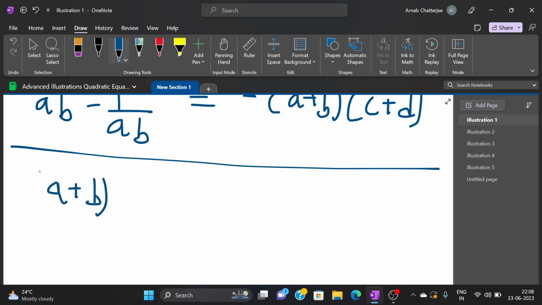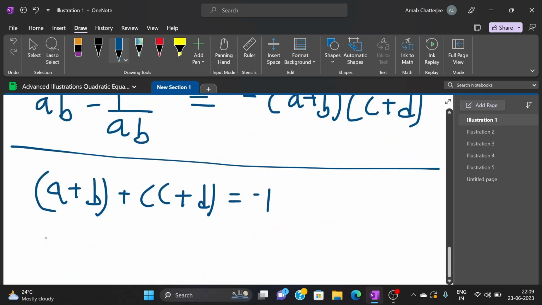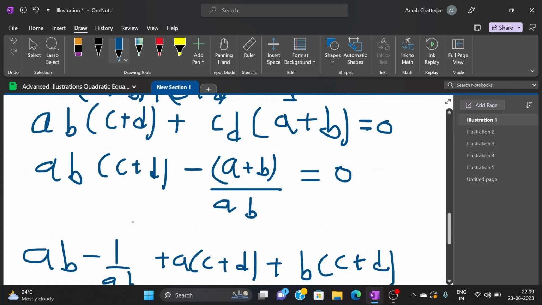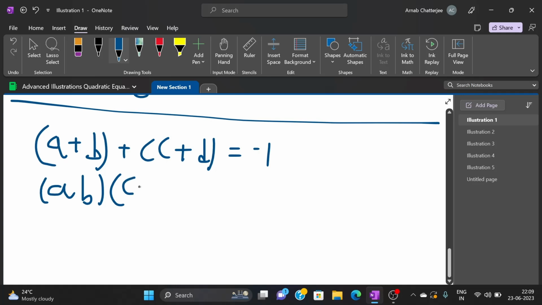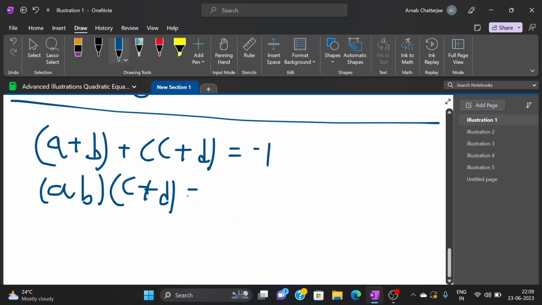The first one is A plus B plus C plus D equal to minus 1. The second one is AB into C plus D equal to A plus B upon AB.